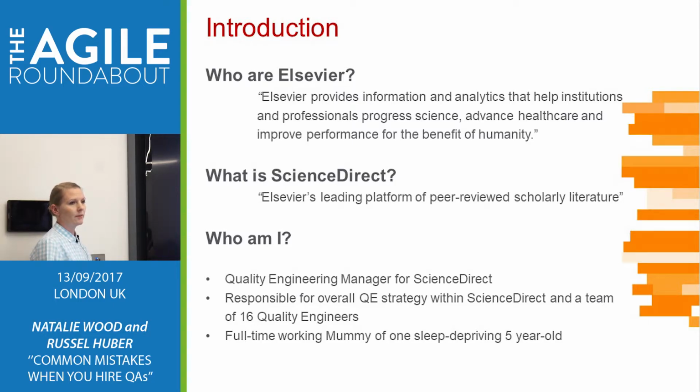They were a publisher that published journals, print journals that you had physically in your hands, and that moved all online quite some years ago. Now the real shift over the last probably 3 or 4 years is to move more into information analytics and basically be a provider of tools for our customers, which are all people in the kind of research space. So they're students, they're scientists, professors, people who work at institutions, to allow them to do everything they need to do with their job.